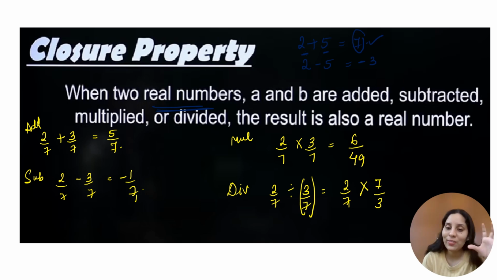This is how you divide two rational numbers. So 7 gets cancelled and you end up having 2/3. So closure property is true for addition, subtraction, multiplication and division. So basically when I add, subtract, multiply, divide two rational numbers, I end up having a rational number.